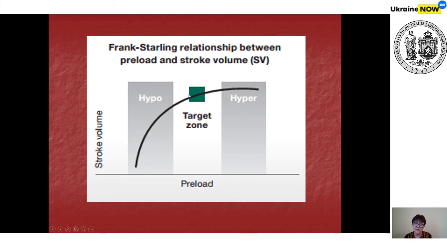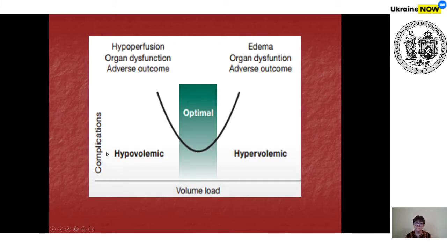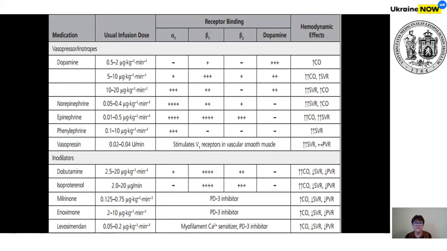Our target zone is this green one, where the increase in stroke volume is not so significant. In a hypervolemic state, giving fluids doesn't increase stroke volume. Hypovolemia as well as hypervolemia can worsen the outcome for patients.